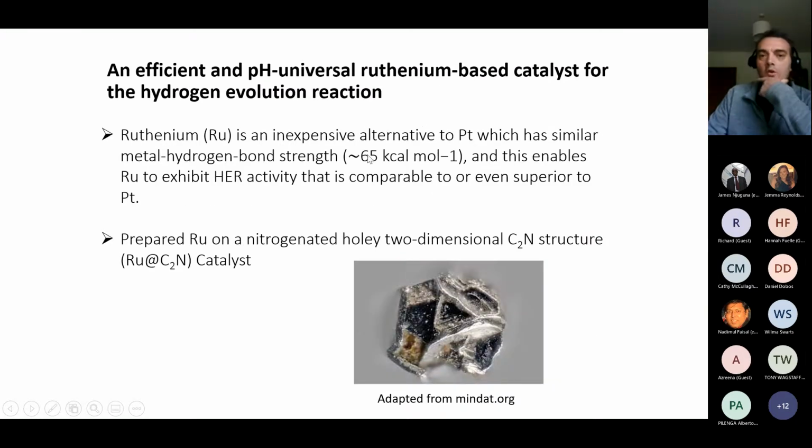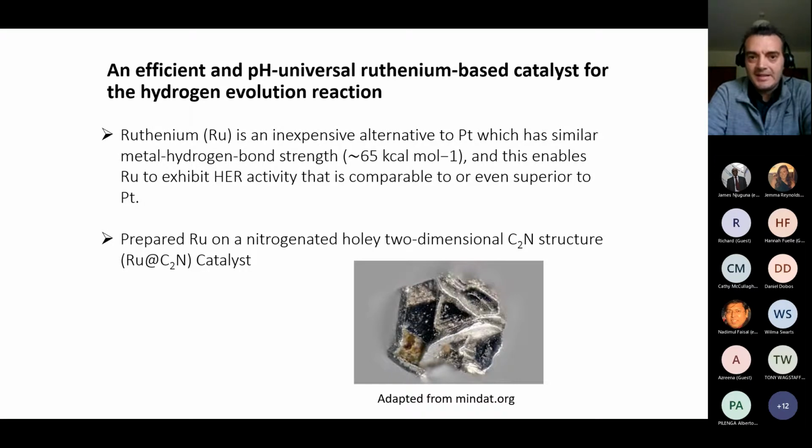And the other one we're going to be looking at is another metal, which is very interesting. It's completely different. Before we were looking at platinum, still the base of platinum, and now we're going to move a little bit to other materials. In this particular case, another metal, ruthenium.